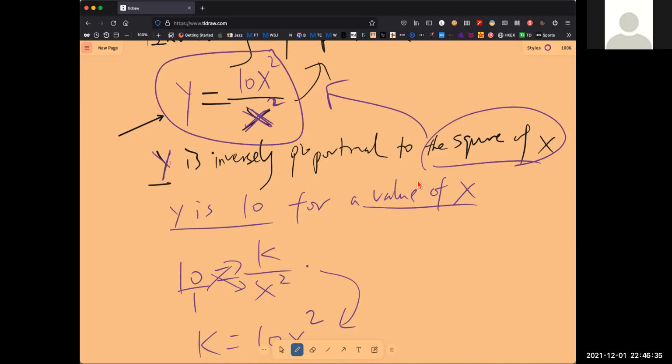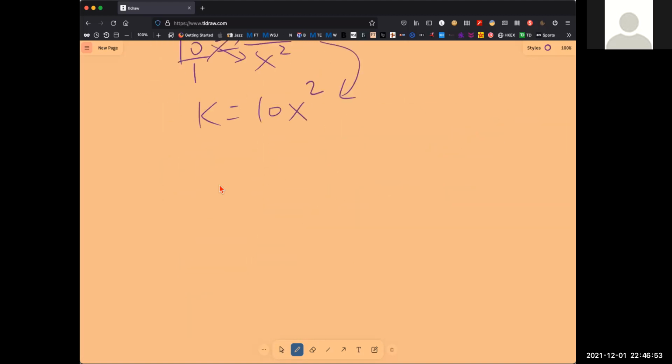Once you get this formula, it's simple. Find the value of y when x is half. So now make use of this. Let me just copy it down: y equals 10x squared over x squared.